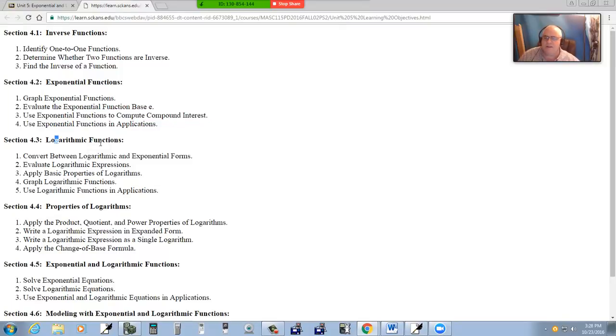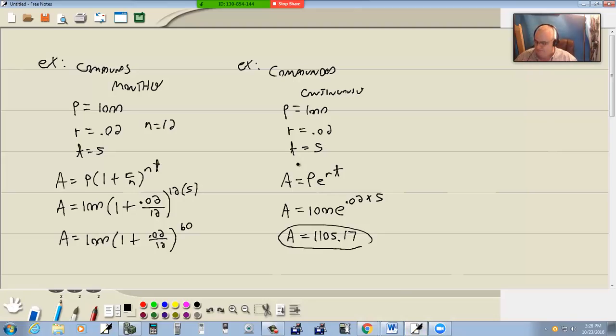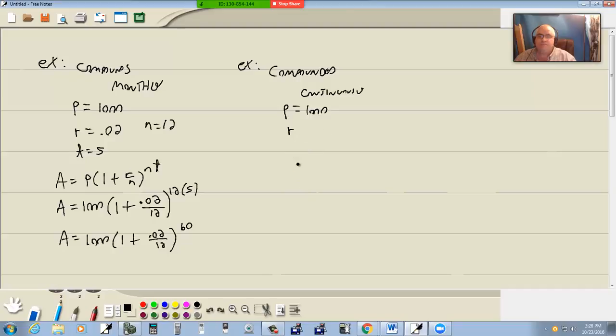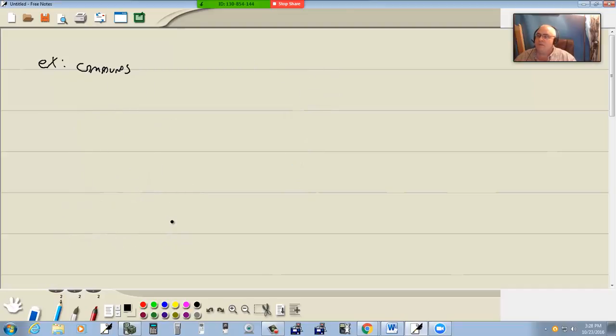So let's go down to section 4.3, log functions. Now we have our different forms.